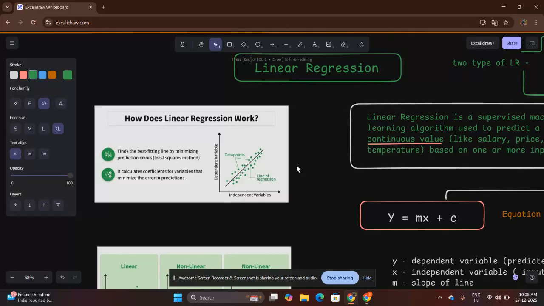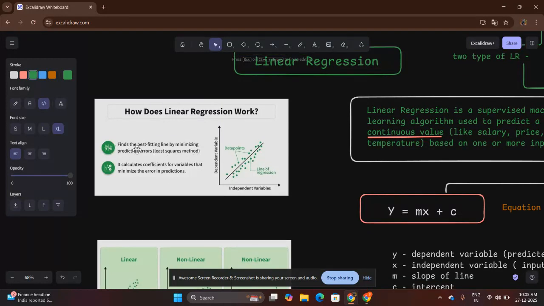Likewise the error should be the minimum. This is the least squares method: find the best fitting line by minimizing the prediction error.